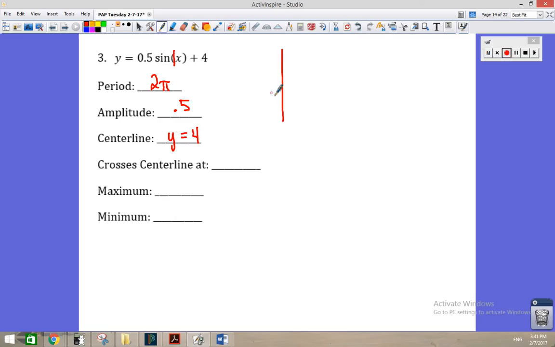All right, so this basic sine curve has been lifted up 4 units, so now let's draw a dashed line. If this is the line y equals 4, then my sine curve is looking like this, and the amplitude is 0.5, is 1/2. So you're going up 1/2 and you're going down 1/2.